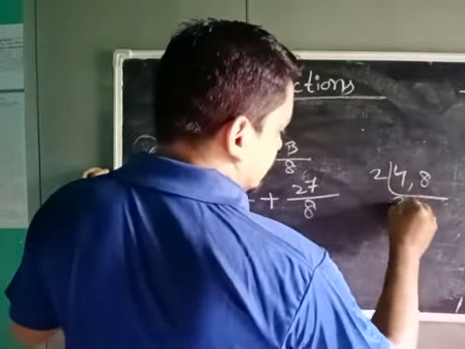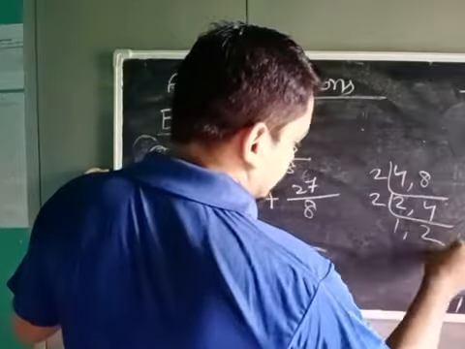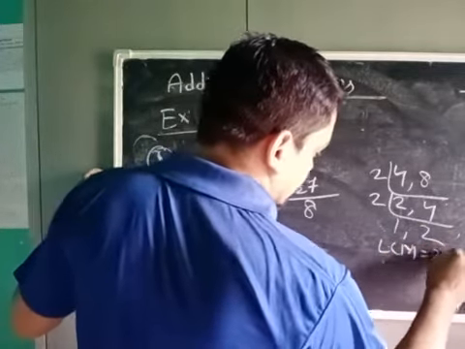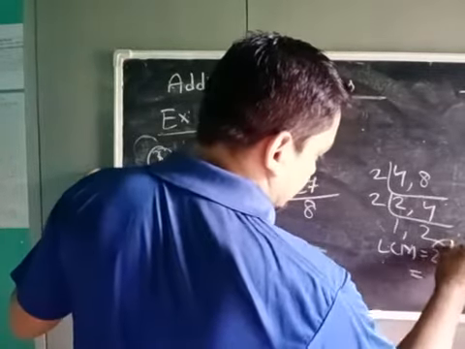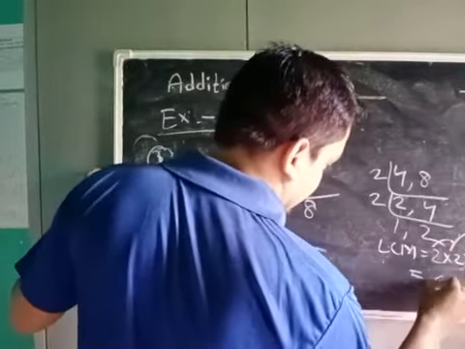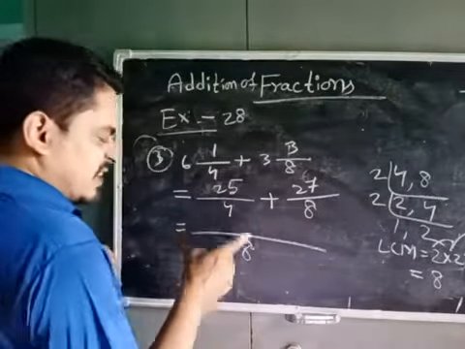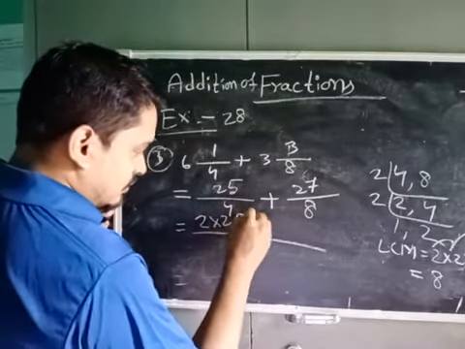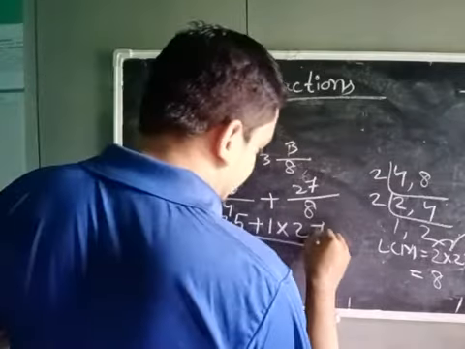So by 2 we can divide, 2 2s are 4, 2 4s are 8. So the LCM will be 2 into 2 into 1 into 2. So 2 2s are 4, 4 1 is 4, 4 2s are 8. So the LCM we have is 8. If we divide 8 by 4, we will get 2, and 25 we have already, plus if we divide, we will get 1 into 27 we have.